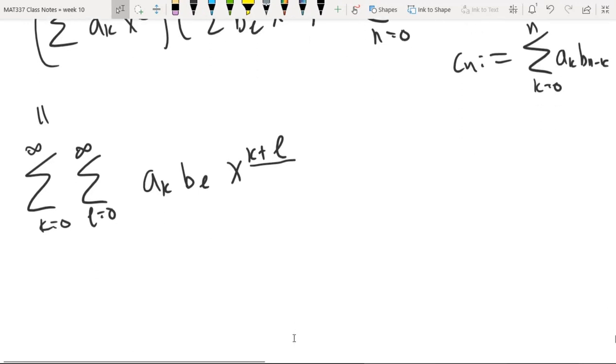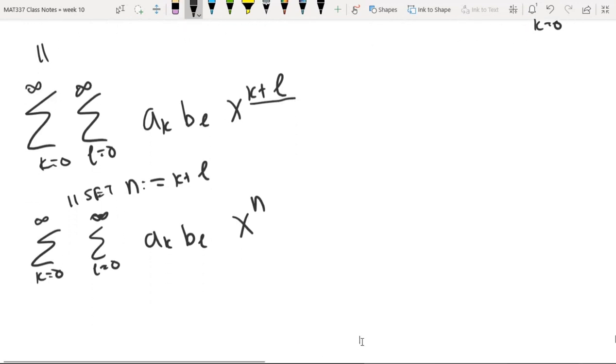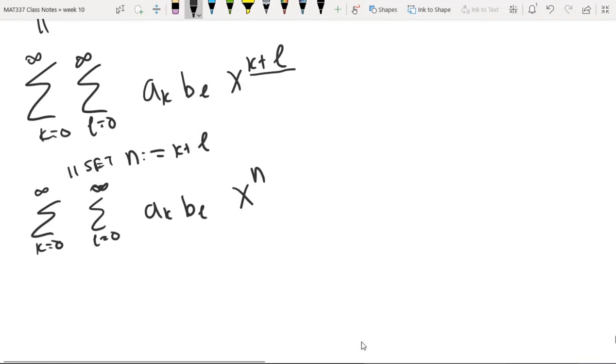Okay. Then write this as follows. Set n to be k plus l. So let me write it again: the sum over k≥0, l≥0 of a_k b_l x^n, where we mean n is a function of k and l.